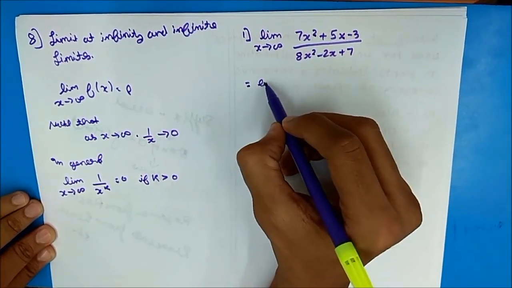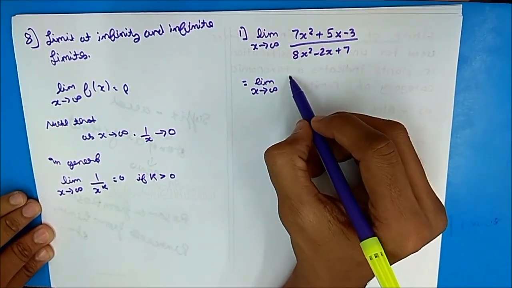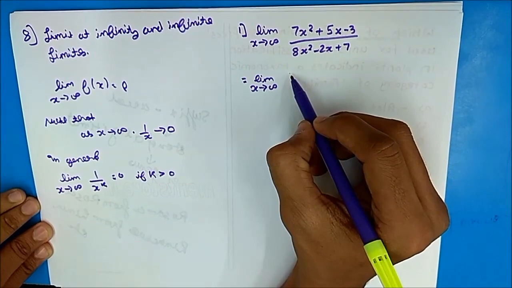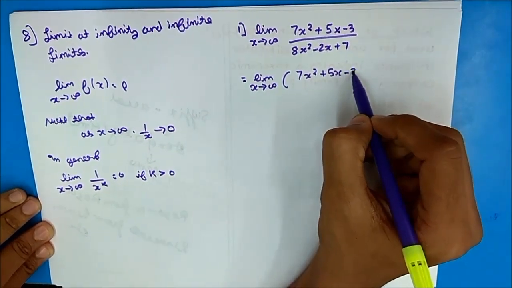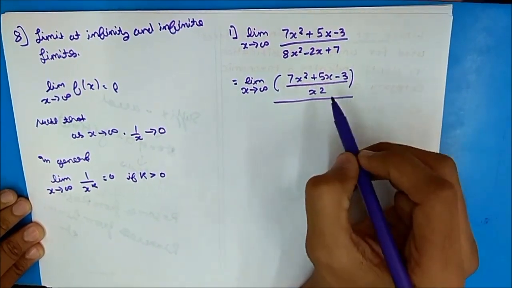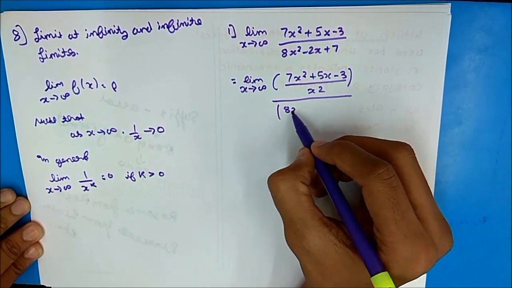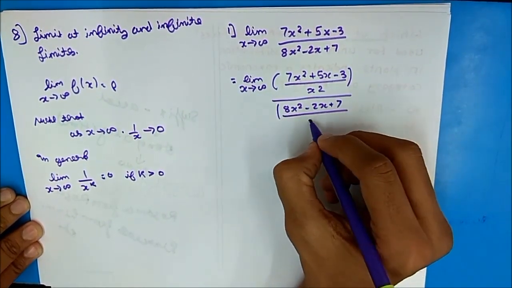Solution would be limit x tends to infinity, (7x square plus 5x minus 3) upon x square, (8x square minus 2x plus 7) upon x square.